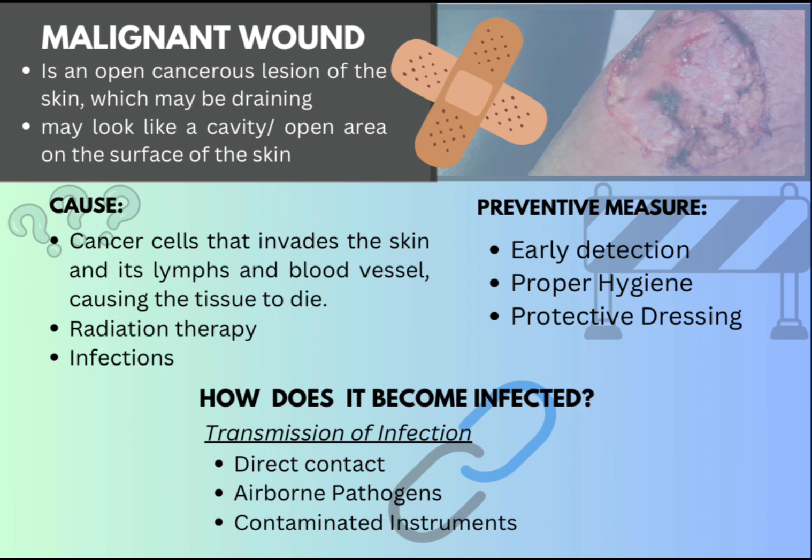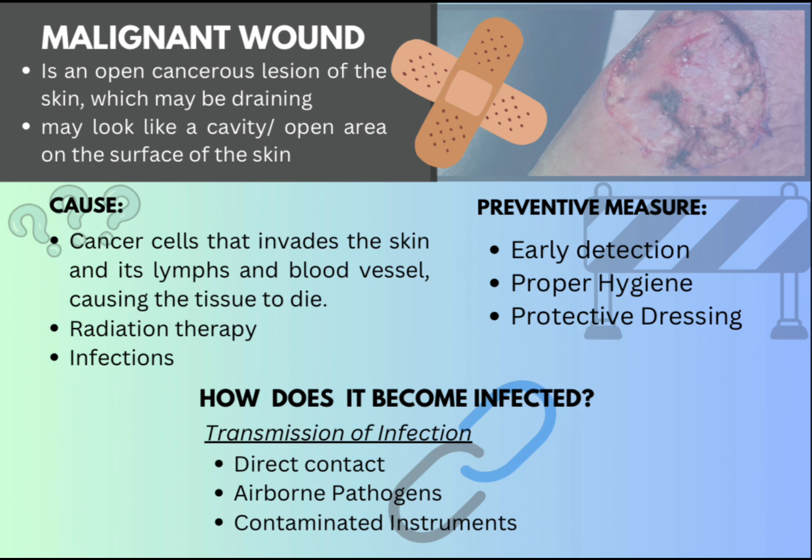In melanoma, this aggressive form of skin cancer can lead to malignant wounds, especially if it invades deeper skin layers or metastasizes. In head and neck cancers, tumors in these areas can lead to fungating wounds due to their proximity to the skin surface and the complexity of local tissue structures.